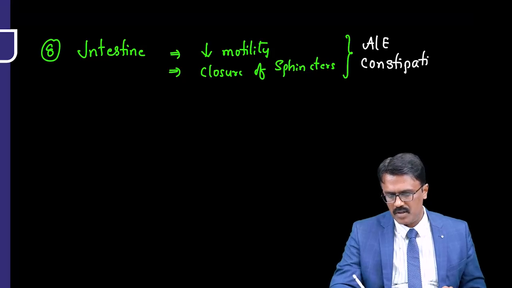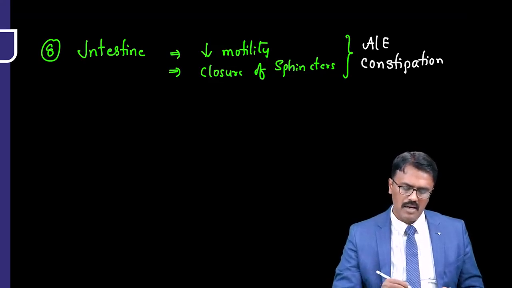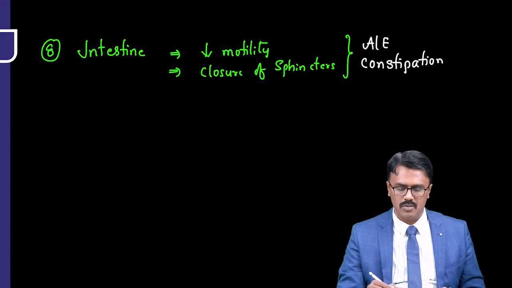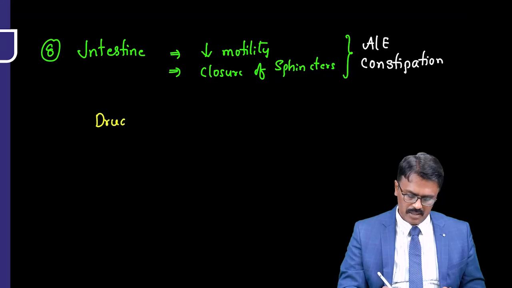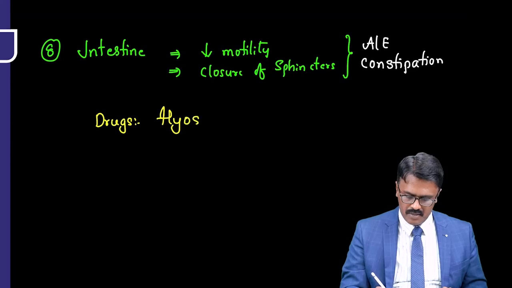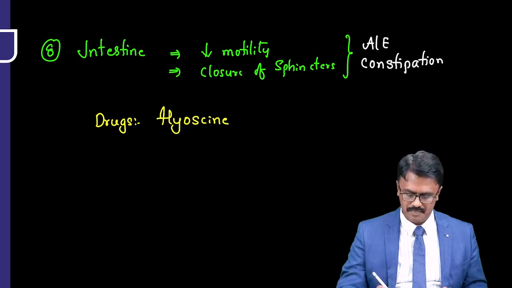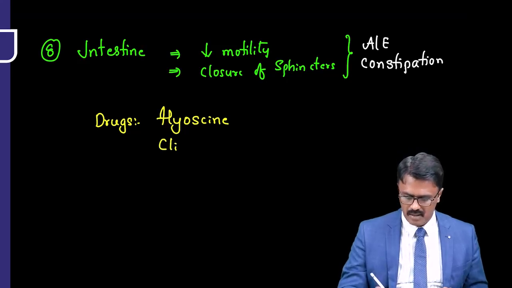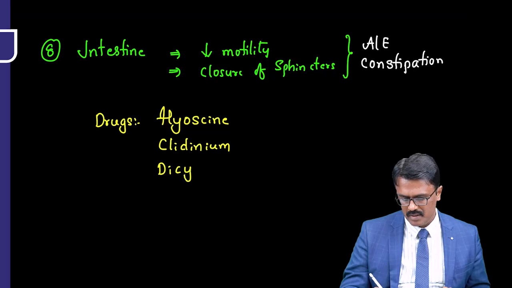Patient will have constipation. But tell me in which condition I have to use an anticholinergic drug to decrease motility. Now what are the drugs? First of all, let us understand. The drug name is hyoscine. We have hyoscine, then clidinium, and a drug called dicyclomine.